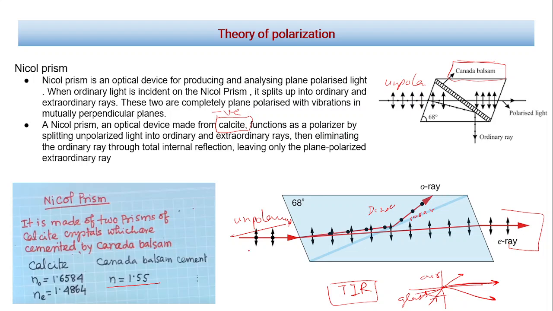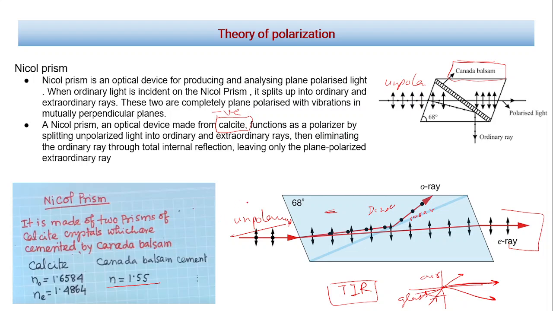But for the E ray, the calcite refractive index is 1.4, but it sees that Canada balsam is an optically denser medium because its refractive index is 1.55. So it has no scope of total internal reflection, and it just refracts across and ultimately refracts here as well, and then comes out.